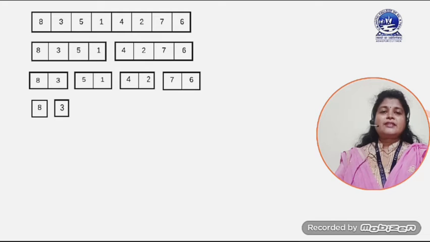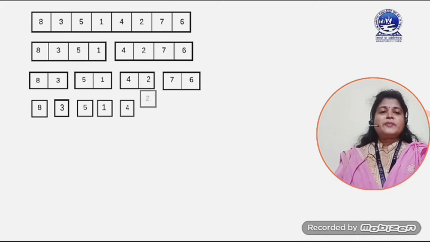Here we are taking the sublist 8, 3 and dividing it further, so that each sublist consists of only one element. Accordingly our sublists are 8, then 3, then 5, then 1, then 4, then 2, then 7, then 6.